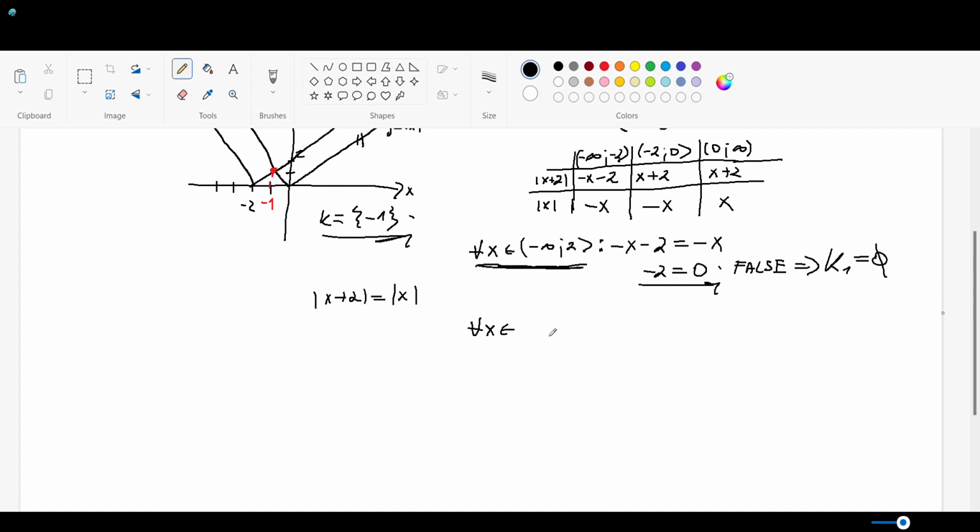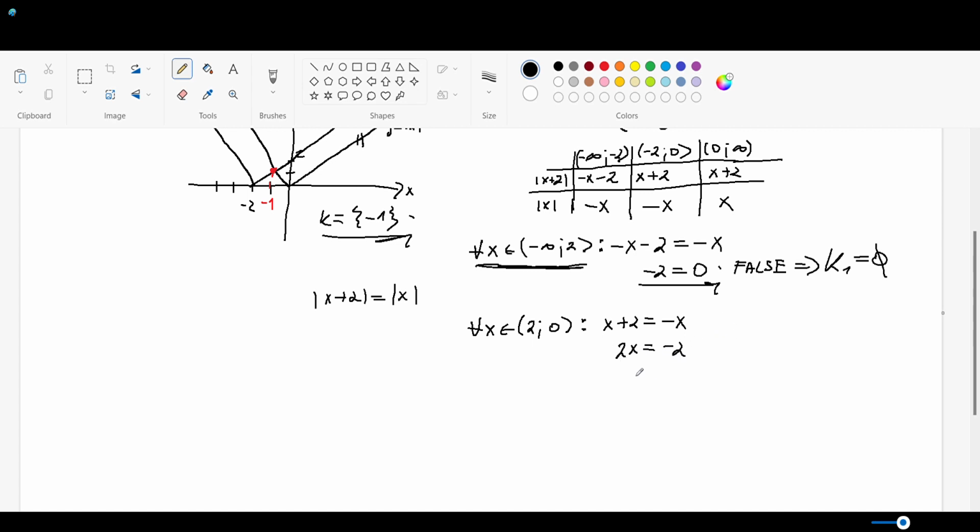Then you solve the equation for x from the interval from negative 2 to 0. You now take the second column of these expressions, and the equation becomes x plus 2 is equal to negative x, which is simple to solve.